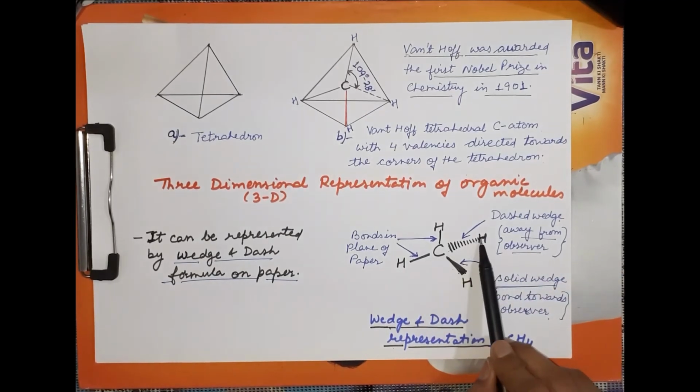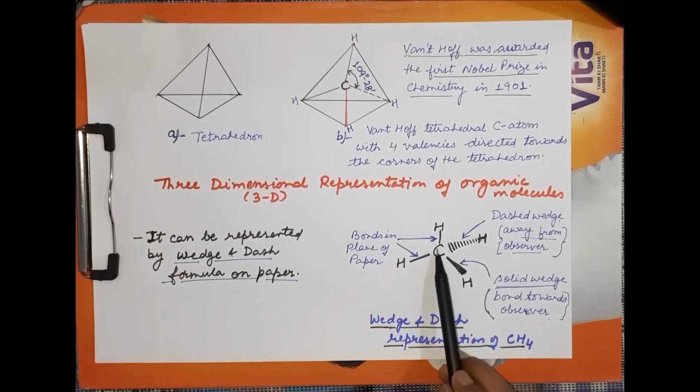And in the dashed wedge, the solid edge is towards the observer. And the other 2 bonds, this one and this one, if they are represented by an ordinary normal line, it means both these bonds are lying in the plane of paper.